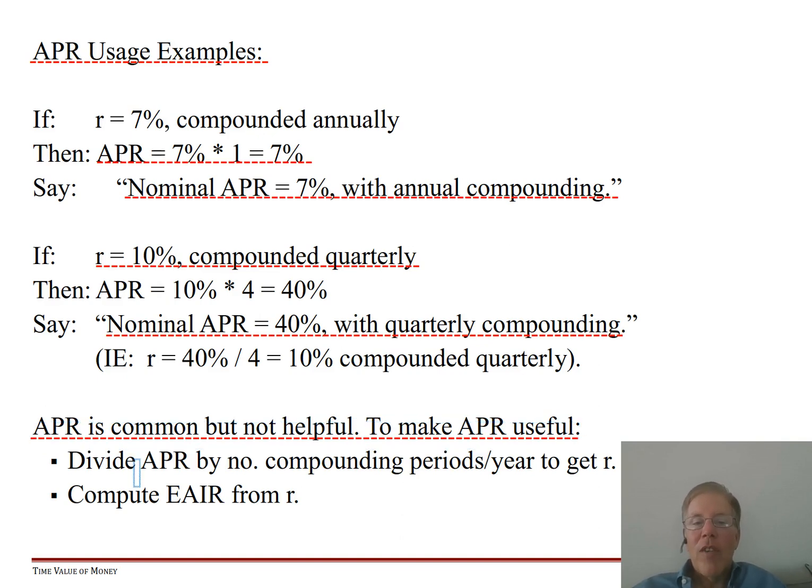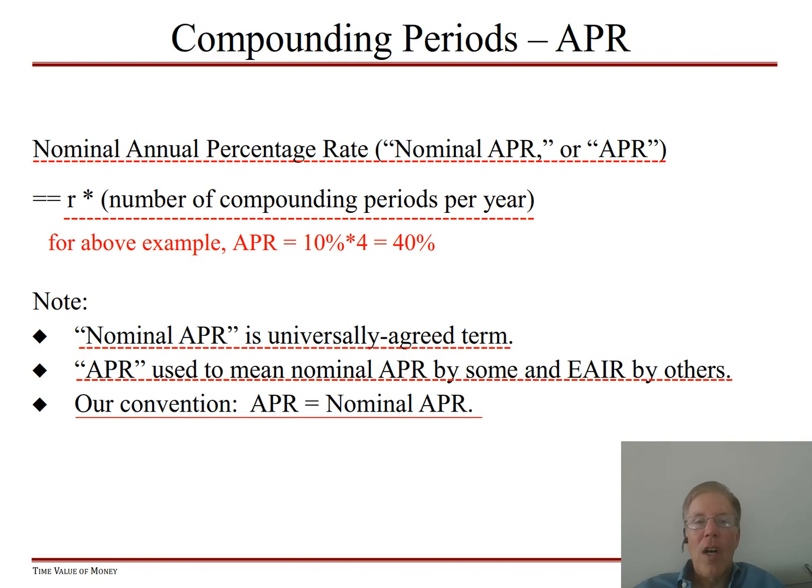Well, if we just divide the APR by the number of compounding periods, through the magic of algebra, that's going to get us R, right? So the nominal APR is equal to R times the number of compounding periods per year.